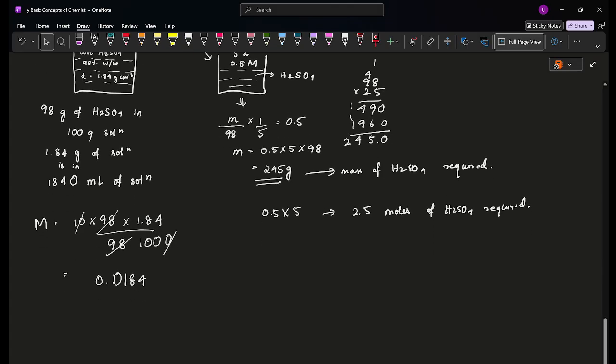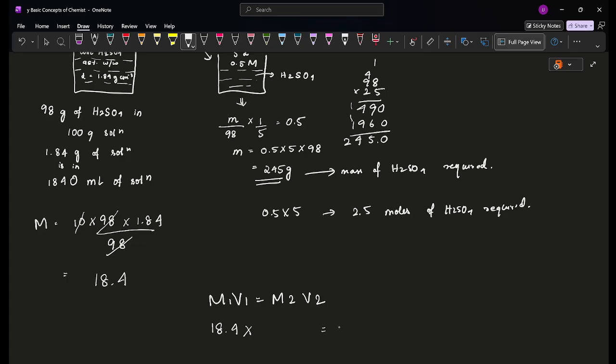And basically they've used this dilution rule. In the dilution rule, there is a formula similar to the neutralization one. So M1V1 is equal to M2V2. And from here you basically get this to be around 18.4. And here we need to find V, right? And 0.5 is something we already have, and we have 5 liters.